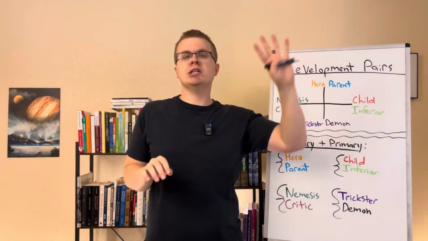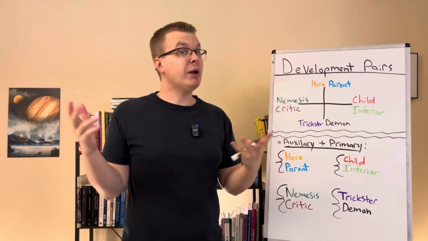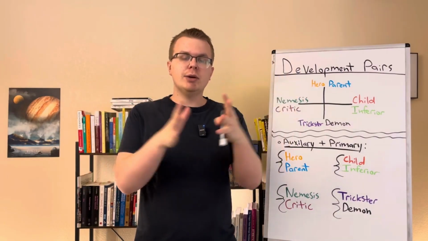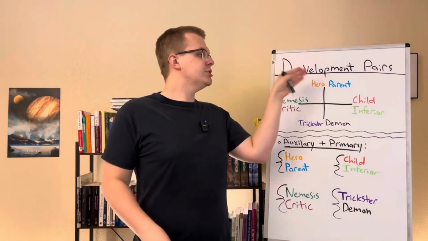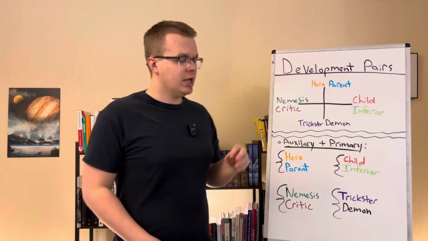If we have an introverted perception hero, we have an extroverted judgment auxiliary or parent, as we've come to call it. Different worlds coming together, oil and vinegar coming together in pairs. Judgment, perception, introverted, extroverted, so on and so forth.